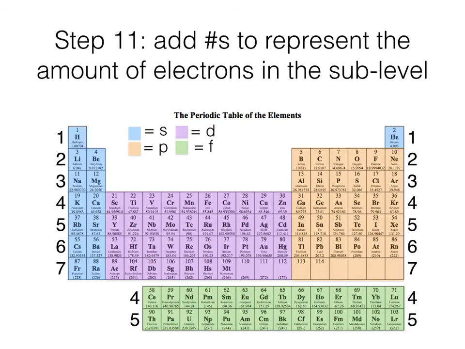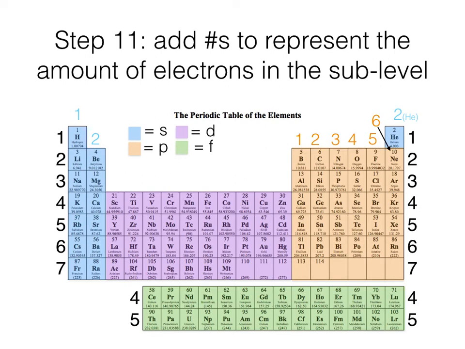The next step is we're going to add numbers above each box to indicate the number of electrons that would be found in that sublevel. So the first 2 columns are 1 and 2, but don't forget helium over on the right-hand side, that is also a 2. Then we fill in the P block, 1 through 6.